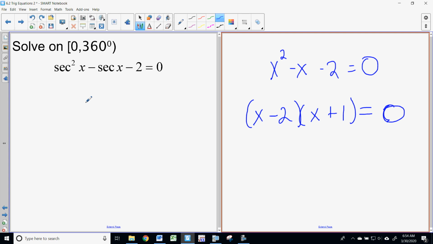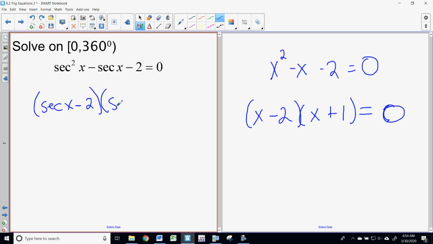But now with secant just replaces where the x's are. So I get secant of x minus 2, secant of x plus 1. So now my 2 equations are secant of x minus 2 equals 0, secant of x plus 1 equals 0.